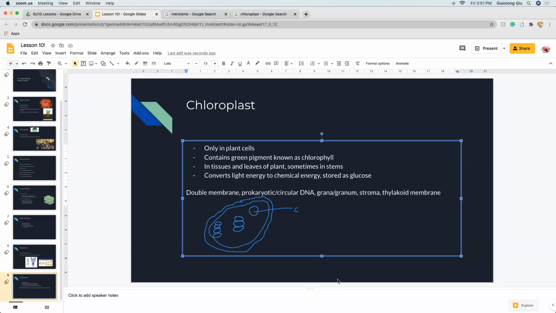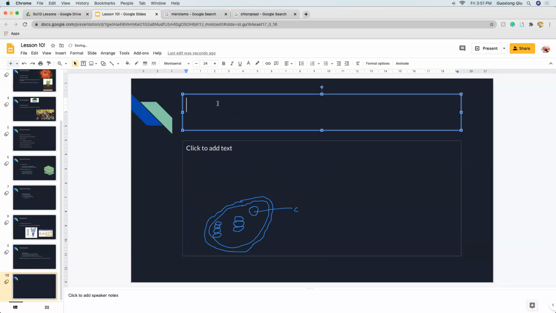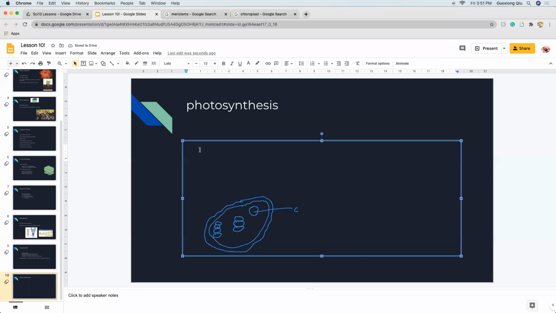Now we talk about photosynthesis. So here's the formula: 6CO2 plus 6H2O. And yes, you will have to memorize this formula because you're going to use it a lot continuously throughout biology and sometimes even in chemistry 20. Not a lot though.